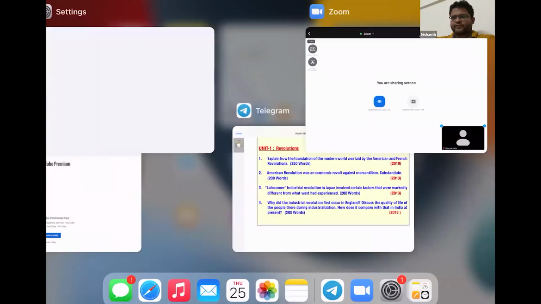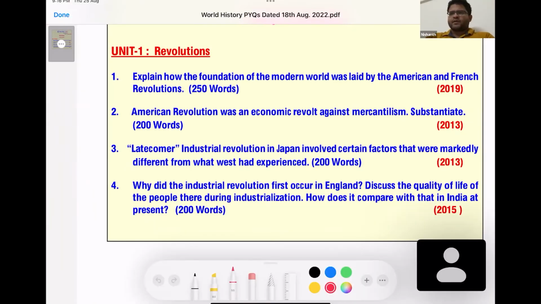So some of you have written the answers for the first 4 questions of world history. Right. See the first question. So with regard to the world history, some of the important topics, okay, if you want to note down, you can note down while you are writing some of the questions.